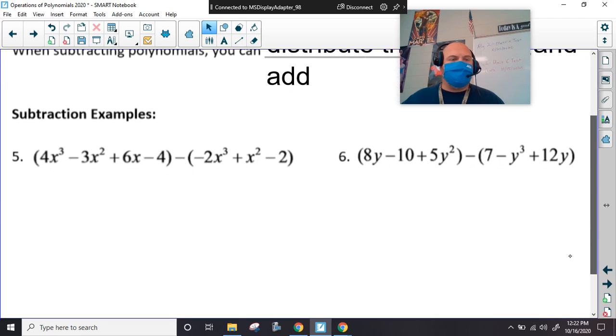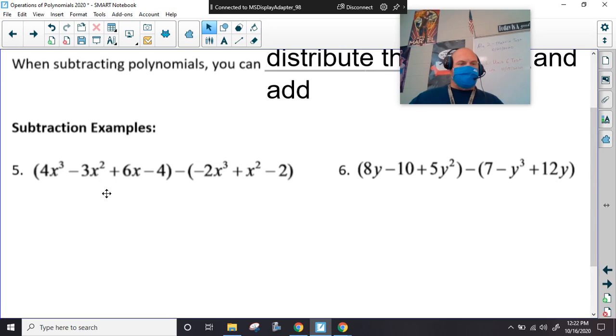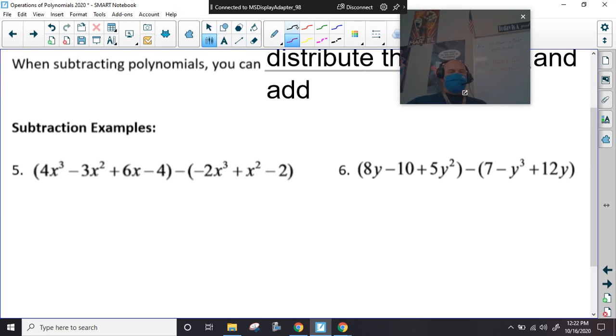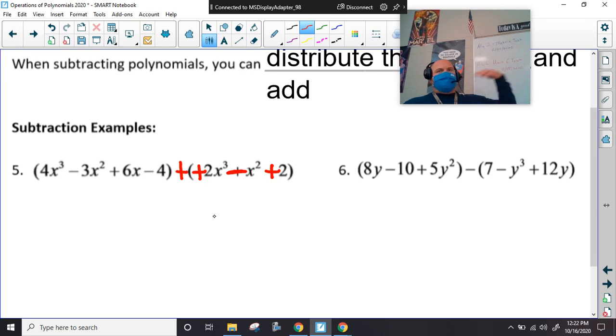So luckily, if we look at number 5, they're already in standard form. Now, this distributing the negative, the way you do this is you change this to a positive, and then you change all these signs inside, because it's like multiplying it by -1. Okay, that's what it means by distributing the negative.